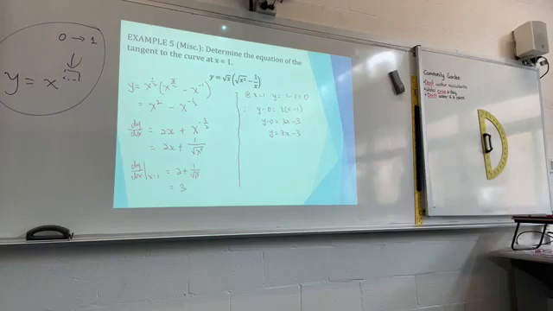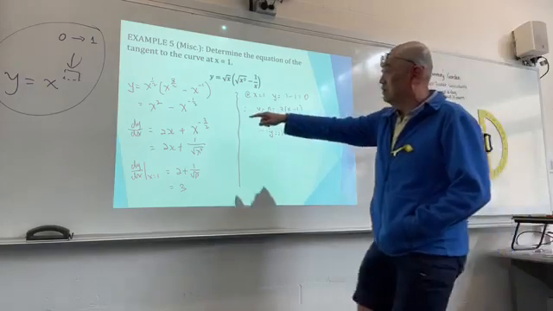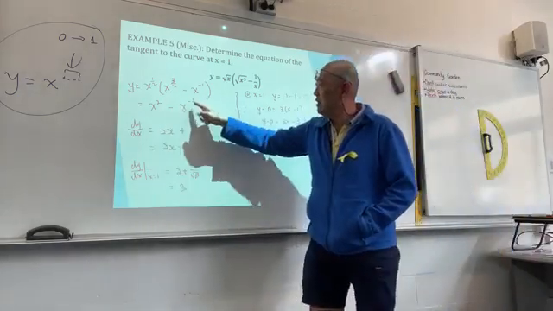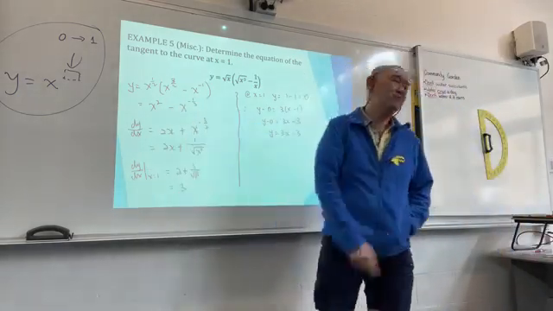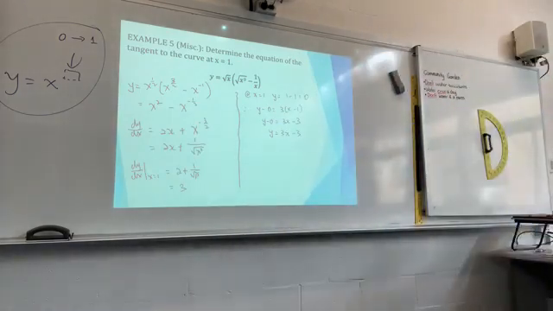Why isn't it 2x plus a half x to the negative power? Of course it is half. What am I thinking? I have no idea.